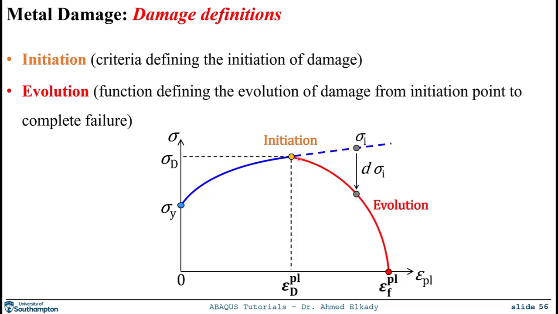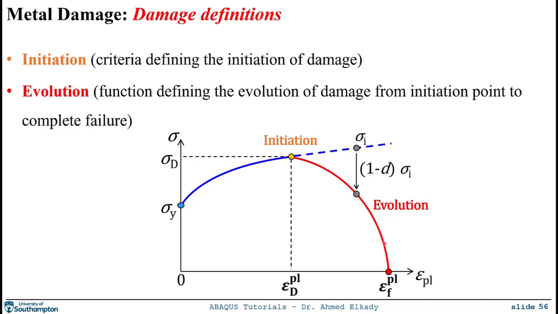Visually, this looks something like that. If you don't have damage modeled, then your stress will be this value based on your defined plastic behavior. But now, because I have the damage evolution, your stress value will be reduced by this amount, 1 minus D. D is called the damage parameter.